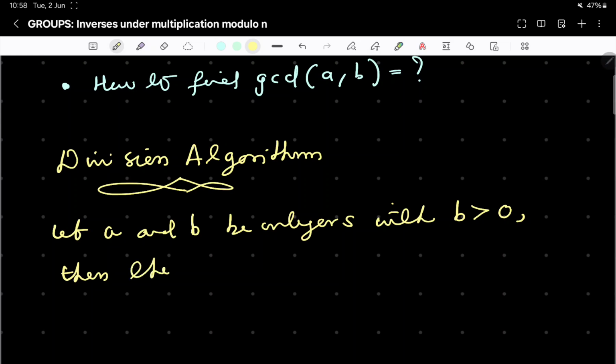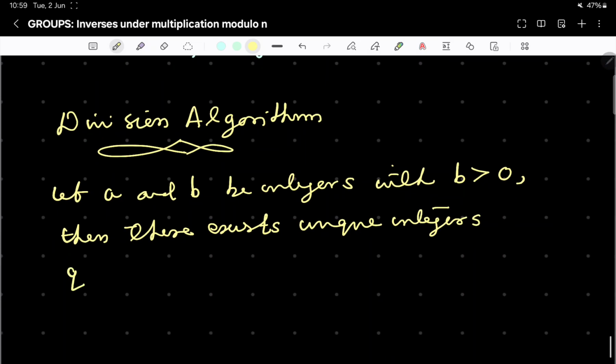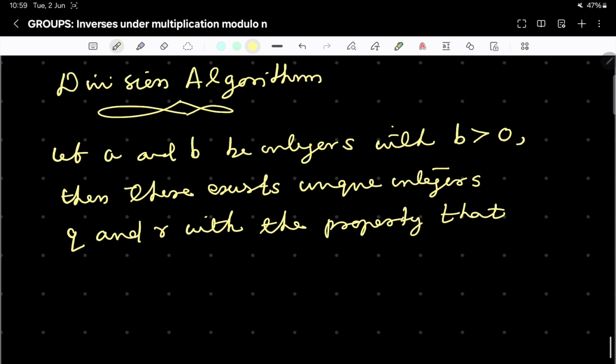Then there exist unique integers Q and R with the property that A can be written as B times Q plus R, where R lies between 0 and B, so it will not achieve B. So the remainder goes from 0, 1, 2 up to B minus 1. So this is what they are telling.